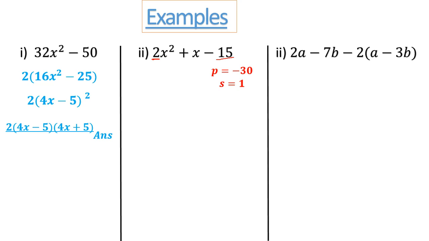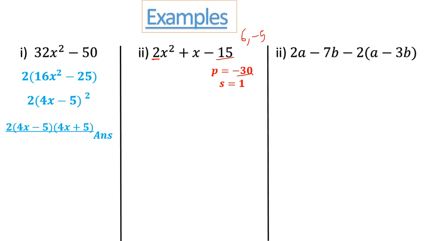So we want two numbers that, when we add them, we get a positive 1, and when we multiply them, we get a negative 30. Can you guess the numbers? Good. We have a 6 and a negative 5. If we add them, we get a positive 1, and when we multiply them, we get a negative 30.